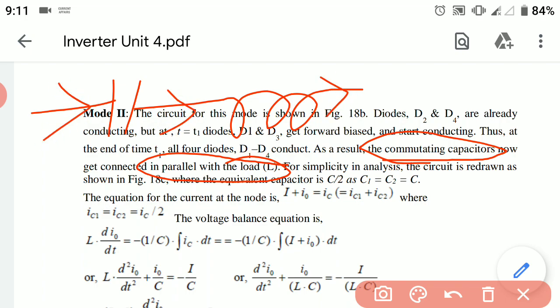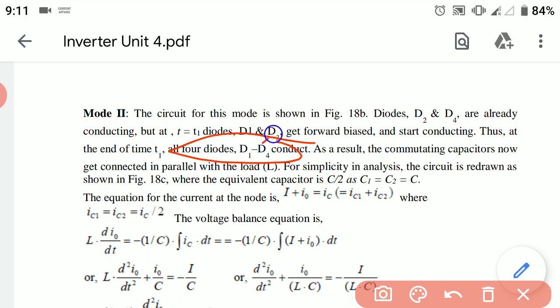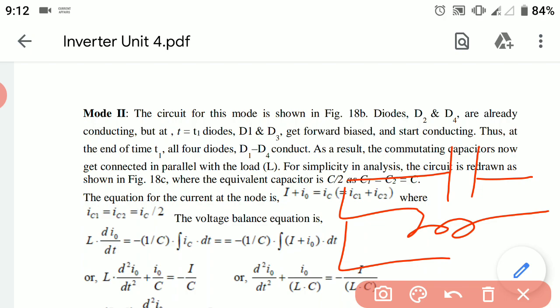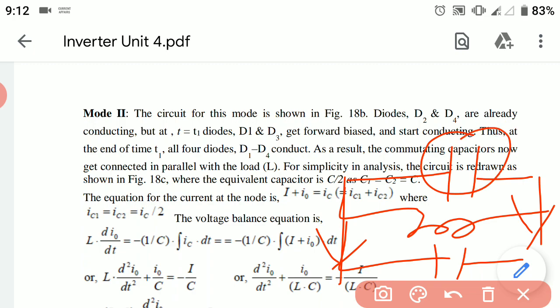Here, as the four diodes are conducting, the current through the two capacitors and through the load will flow in parallel through these three elements. So the two capacitors and the load in mode 2 are in parallel condition.